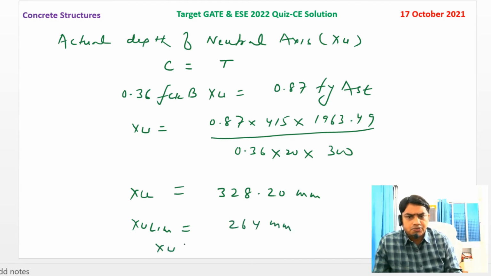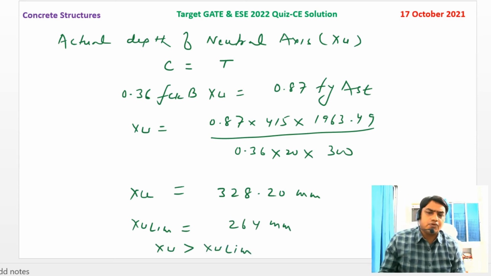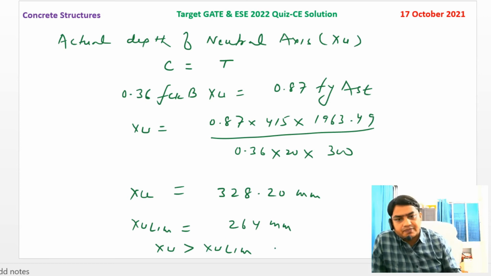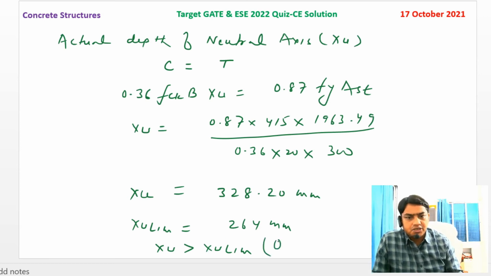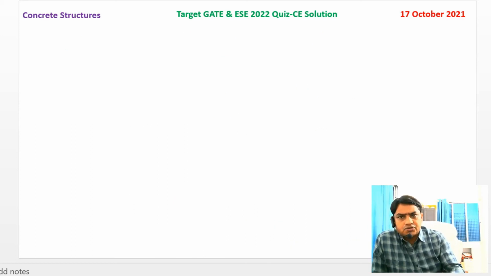Here XU is exceeding XU limiting. The actual depth of neutral axis is greater than the limiting depth of neutral axis, which means it is a case of an over reinforced section. What is an over reinforced section?